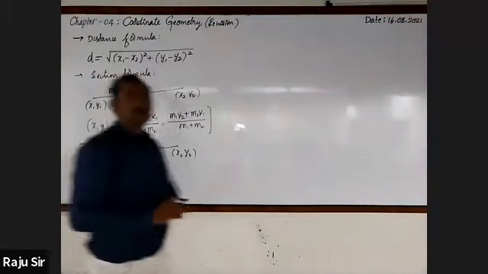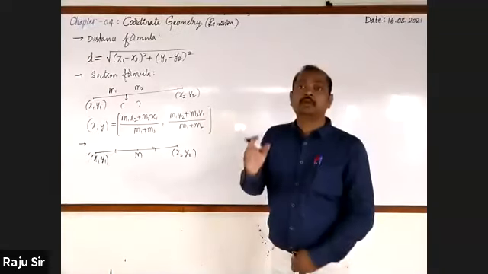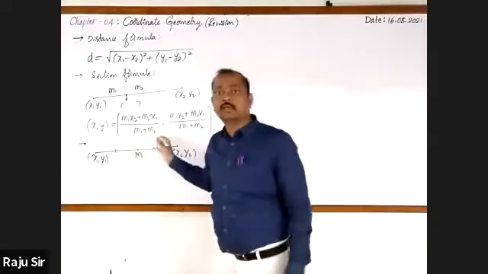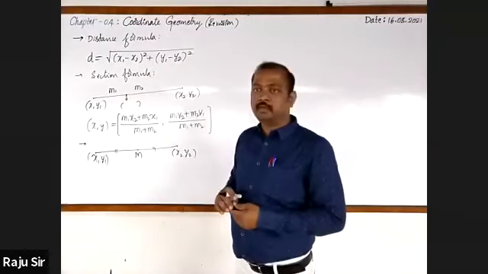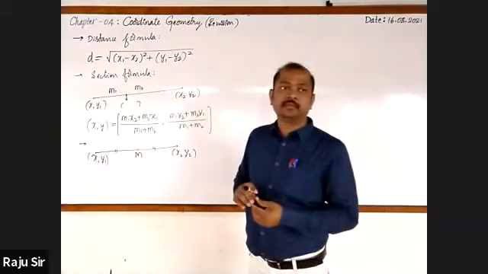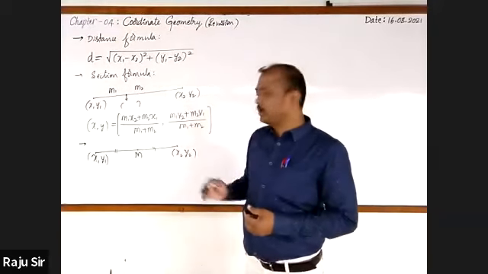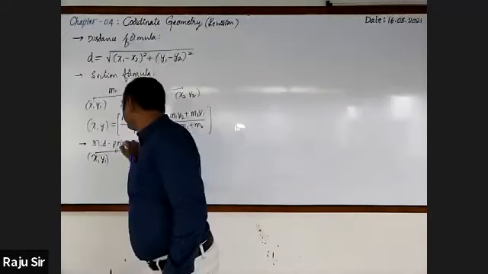Then if M is the midpoint of this line, could you tell what is the ratio in which the line is divided? It is 1:1. Then how do you go for finding the coordinates of this midpoint? By using the midpoint formula.